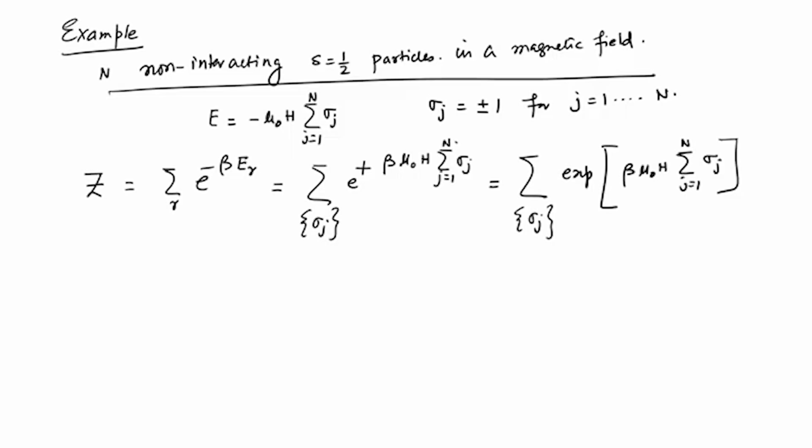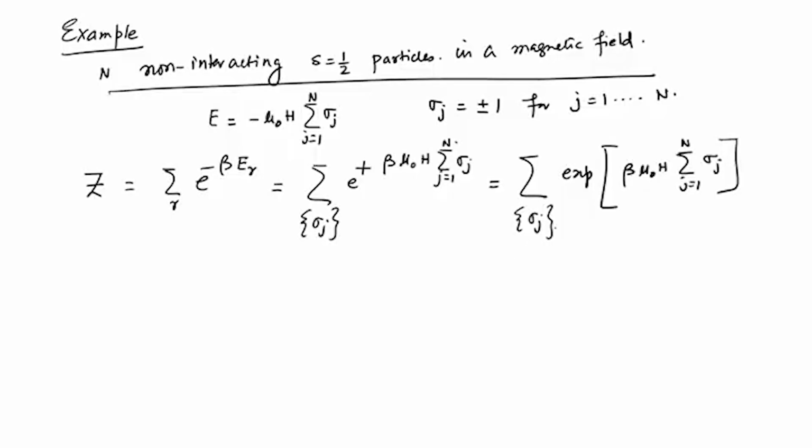Either it takes a value plus 1 or minus 1, and we add both possibilities. So, this sum takes into account sigma j equal to plus or minus 1. However, inside the bracket there is another sum over sigma j, and now we have to sum over all the spins, each taking the value sigma j equal to plus 1 or minus 1 for each j.